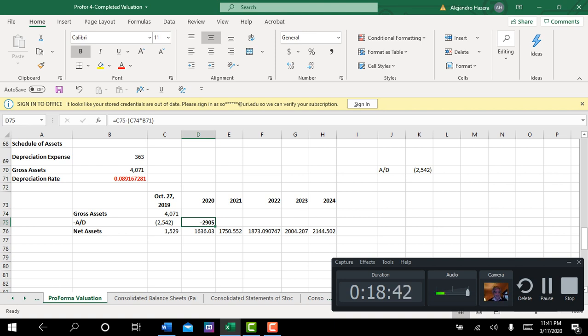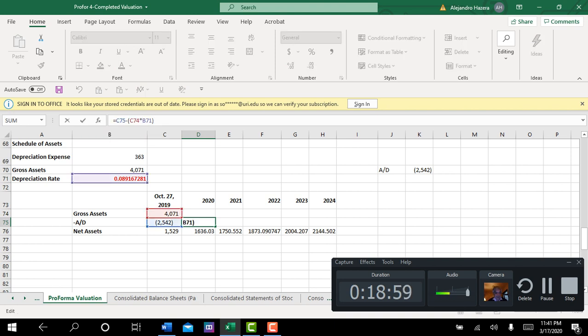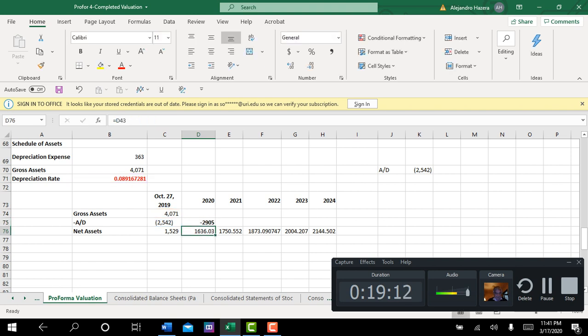Now, since we want to freeze that depreciation rate, because I'm going to go ahead and copy this out, and this is going to be tricky, what I'm going to do very carefully, and this part you should know, is freeze that depreciation number right there by putting dollar signs in front of the B and in front of the 71.